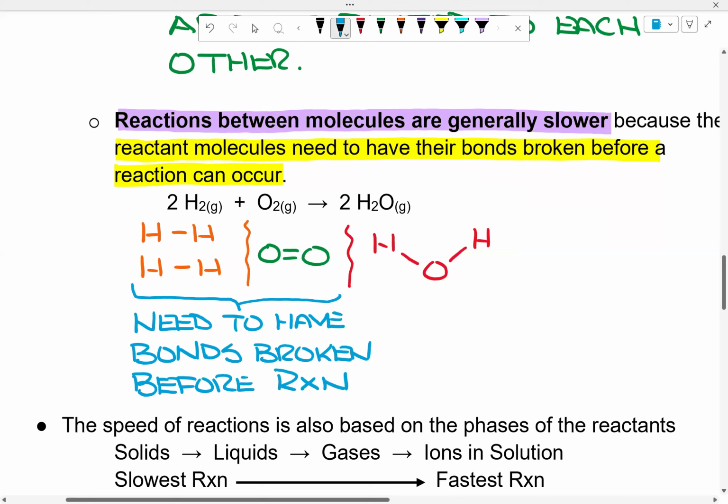And in this particular case, you would notice you have new bonds formed.